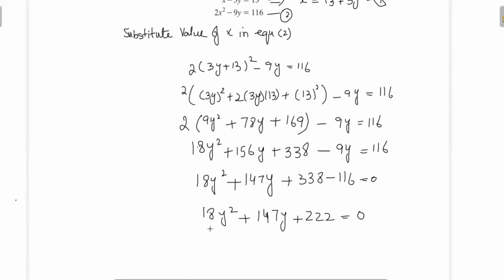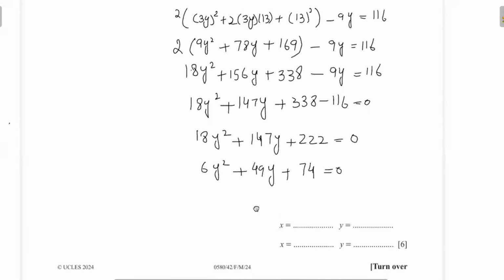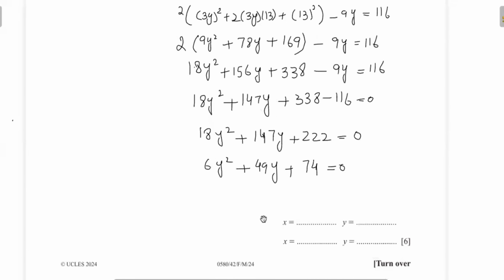We get 3 times 6 is 18, 6y squared, and 3 times 49 is 147, 49y. 3 times 74 is 222. This is 6y squared plus 49y plus 74.